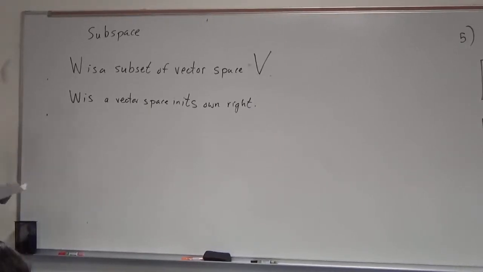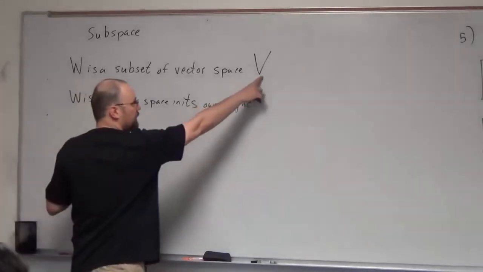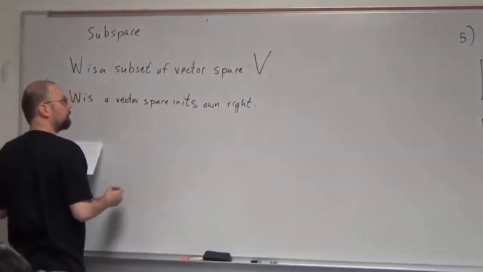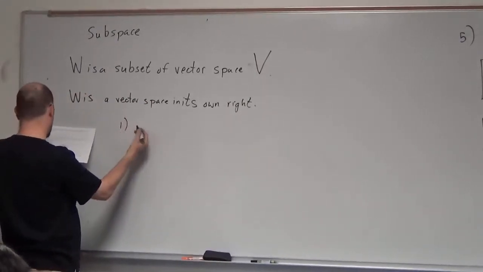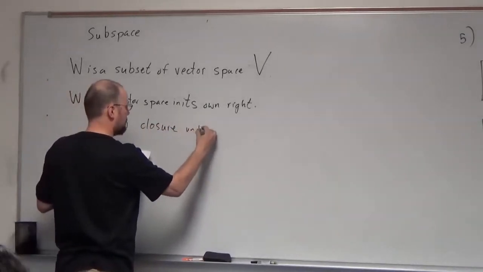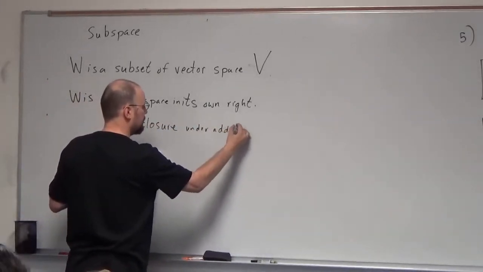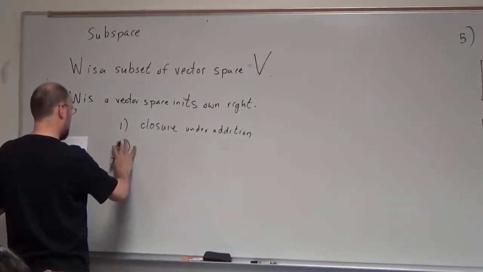All right, so 6 of the axioms are inherited from the mother space. But axiom 1, closure under addition, is not necessarily inherited. Axiom 4, my bad.